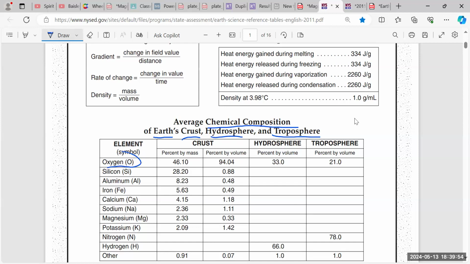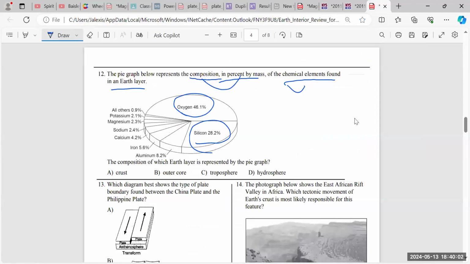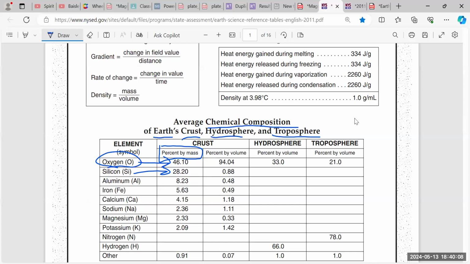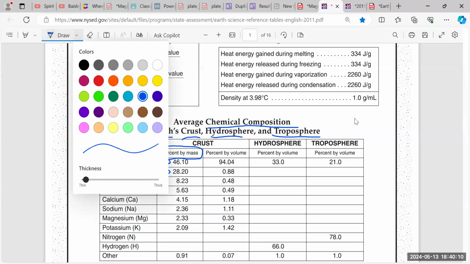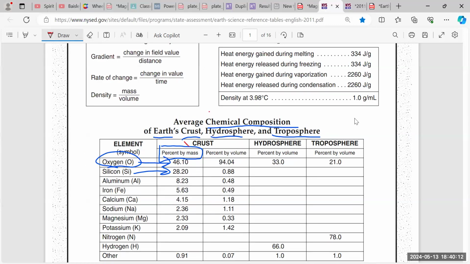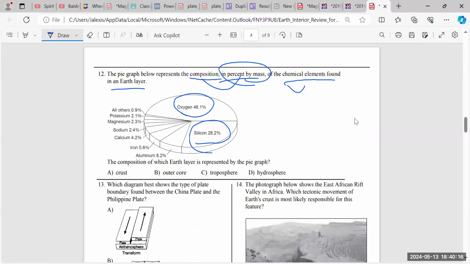Remember, oxygen was 46.1% and silicon was 28.2%. I remember seeing percent by mass like we saw right here. So it's evident and clear that this is focusing on the Earth's crust. And so that's why the correct answer is choice A.